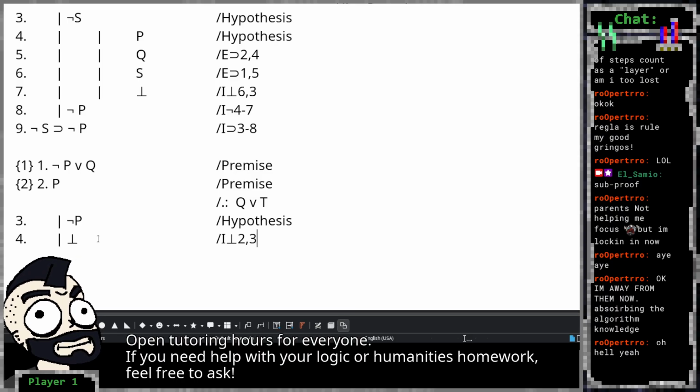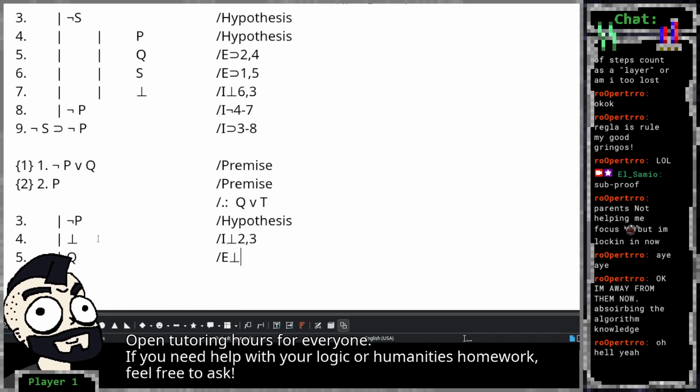The formulas are 2 and 3. And I will extract whatever formula I want, because whatever. And the formula I want is Q, because once I have Q, I can have Q or T. So I will use this by elimination of the contradiction which is at 4.